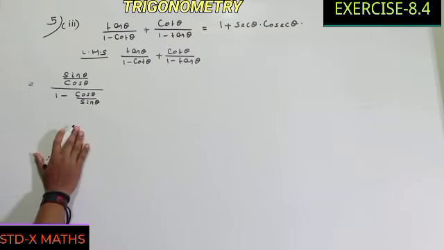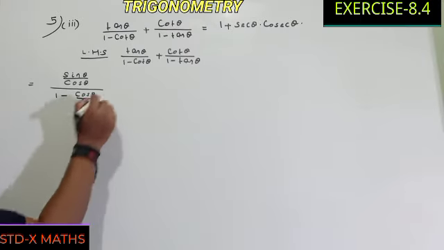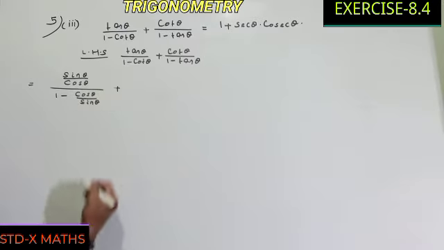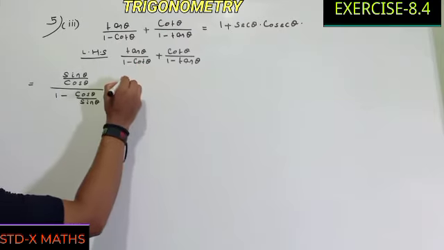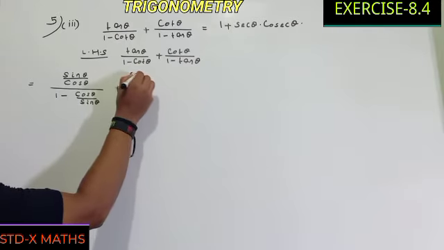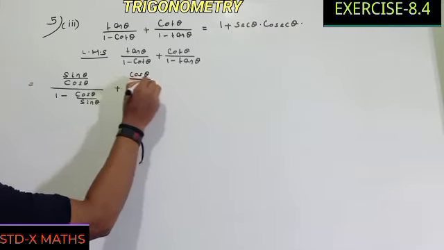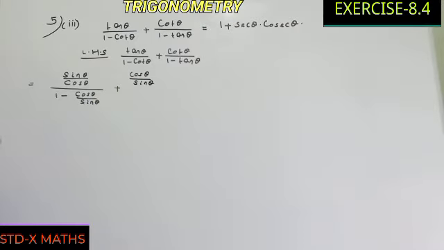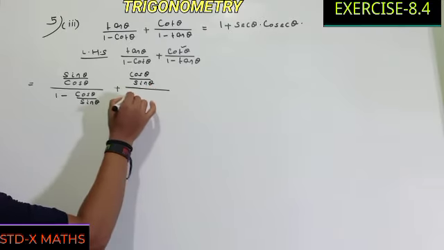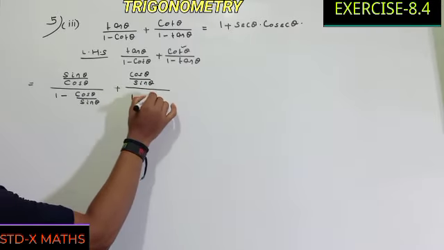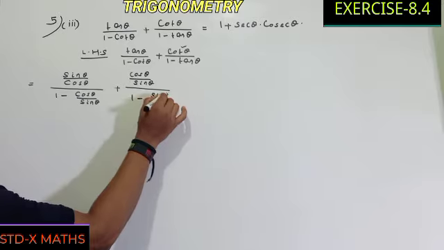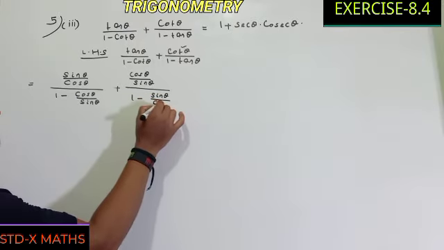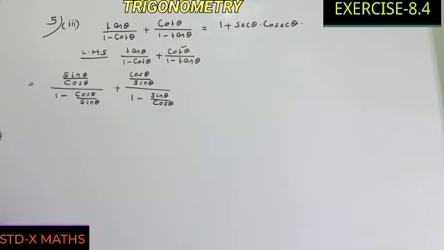In the same way we simplify the second term. Cot theta means cos theta divided by sin theta. The upper one is simplified; then below it is 1 minus tan theta, meaning sin theta divided by cos theta.